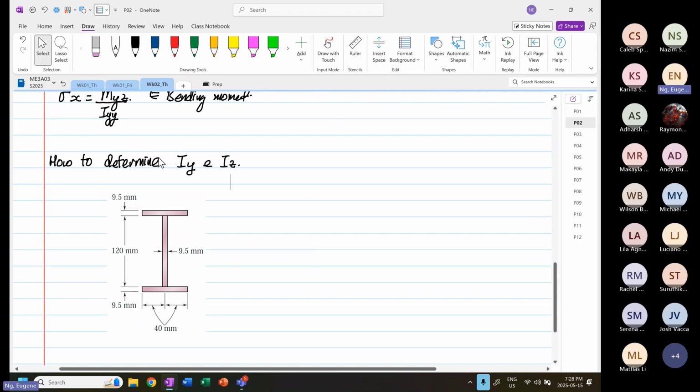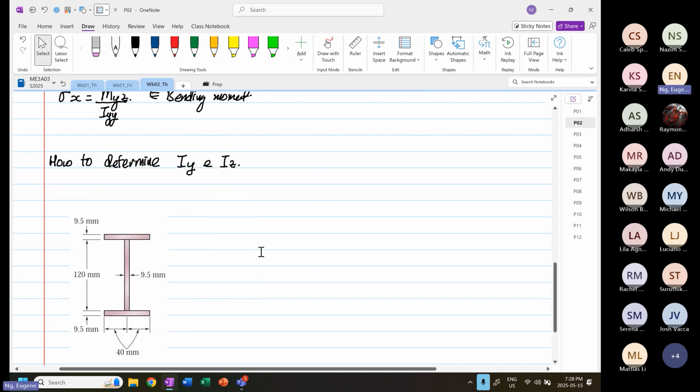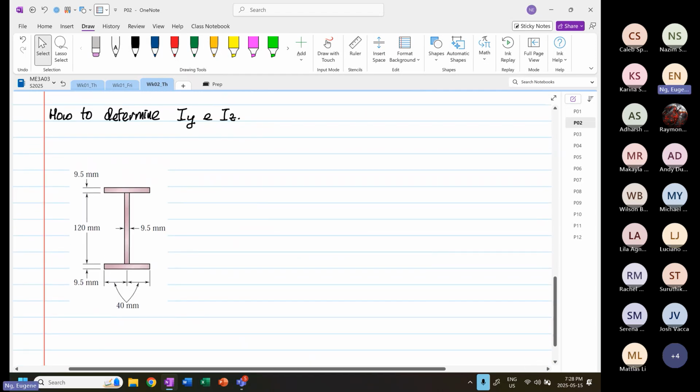A lot of times it can be really confusing, and I'll write out the general formula first.